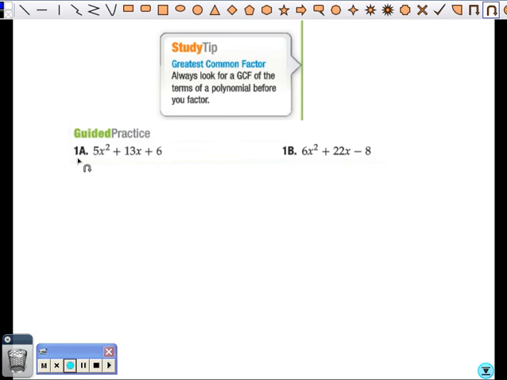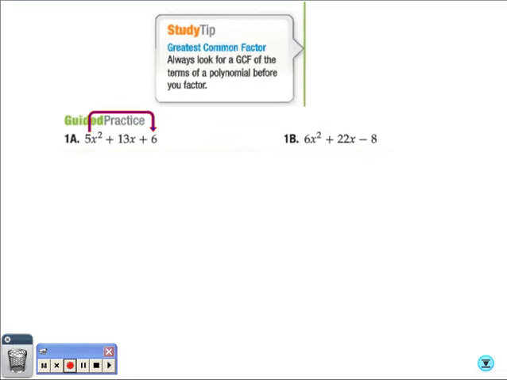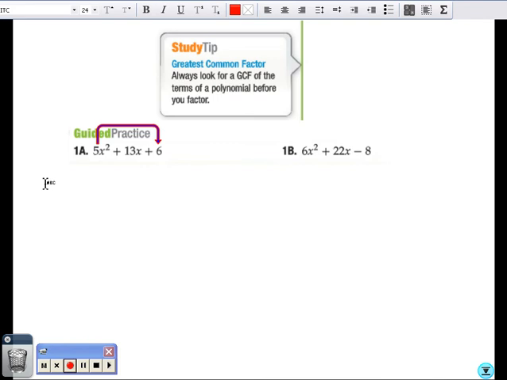We're going to multiply 5 times 6. When we do that, we get 30. So now I have 30. That's the number. I'm looking for two numbers that multiply to 30 but add to 13. Two numbers that multiply to 30 and add to 13.